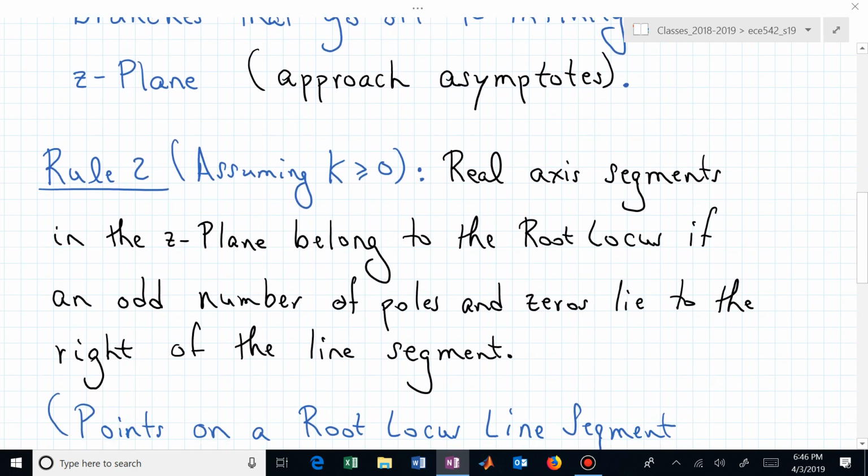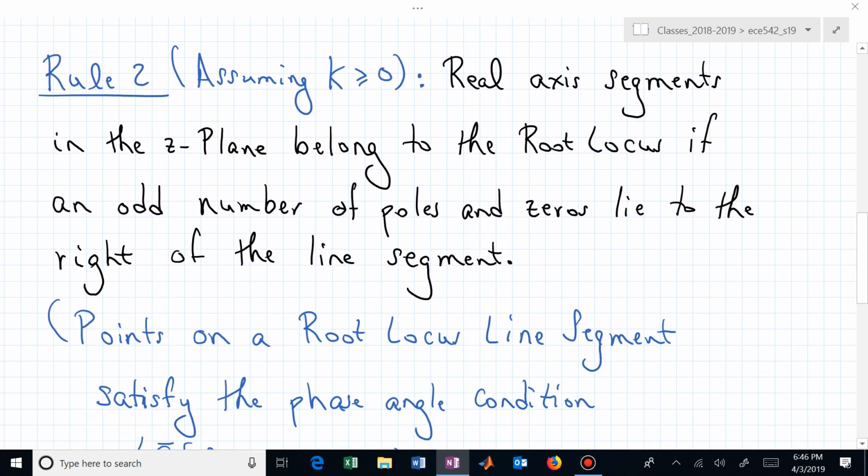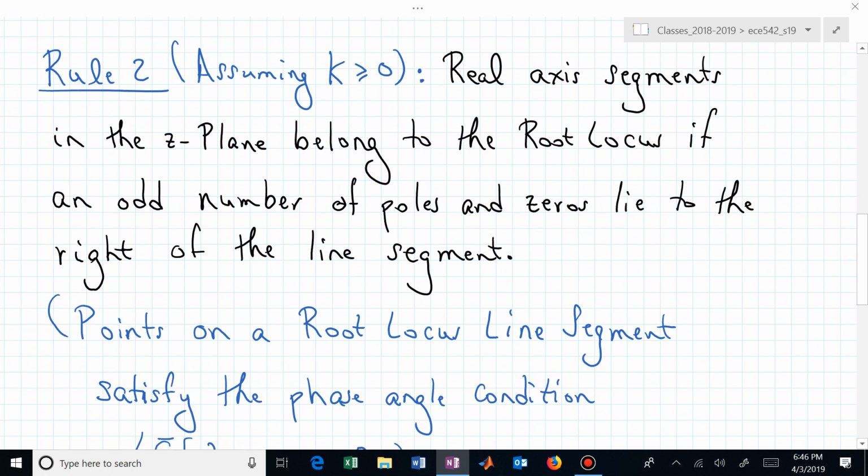Rule 2 is our French bread rule. Which segments of the real axis belong to the root locus? If we have an odd number of poles and zeros to the right, then that segment is on the root locus. That's rule 2.